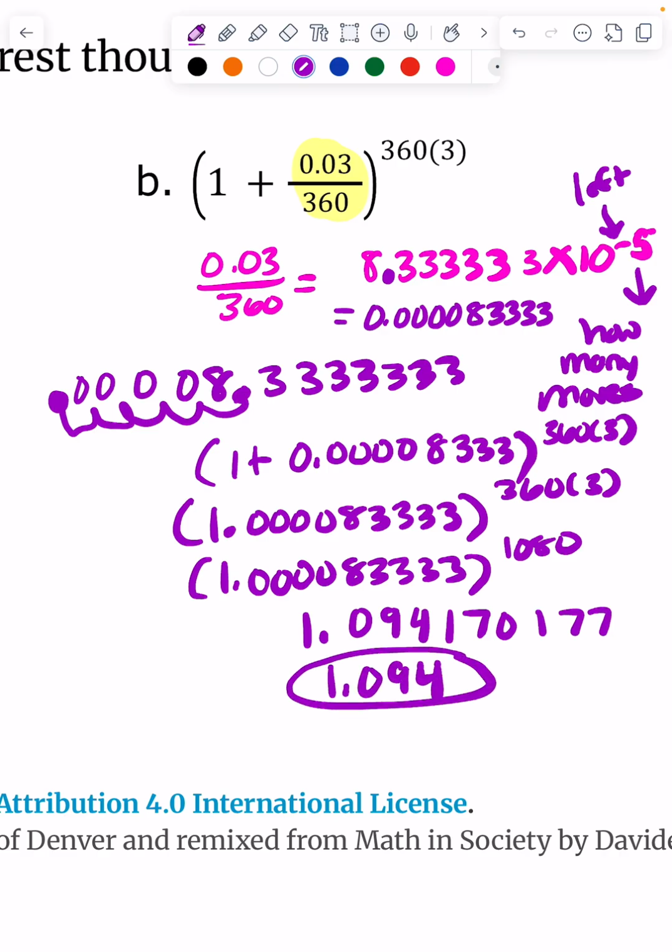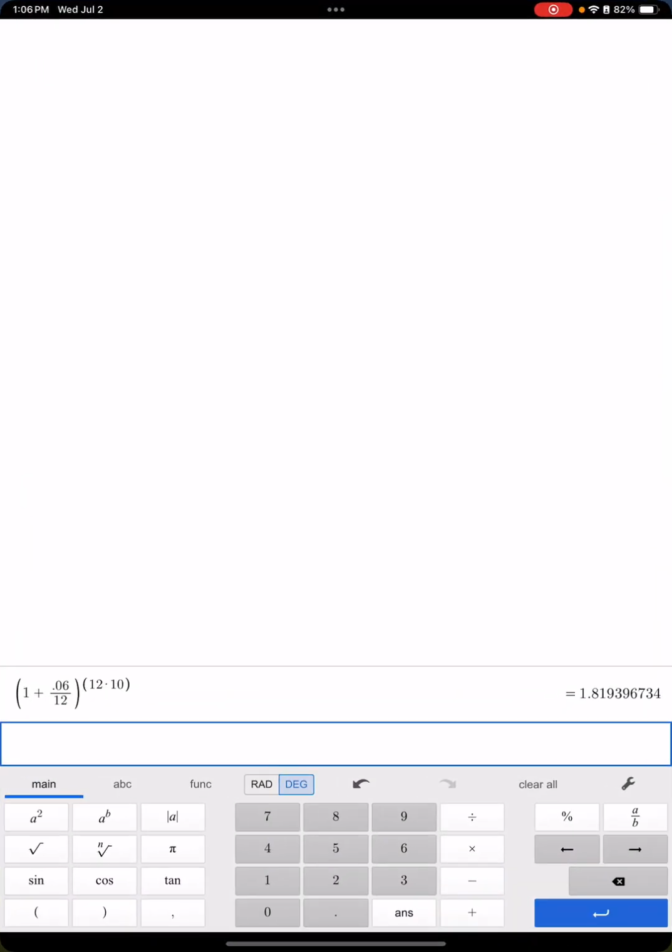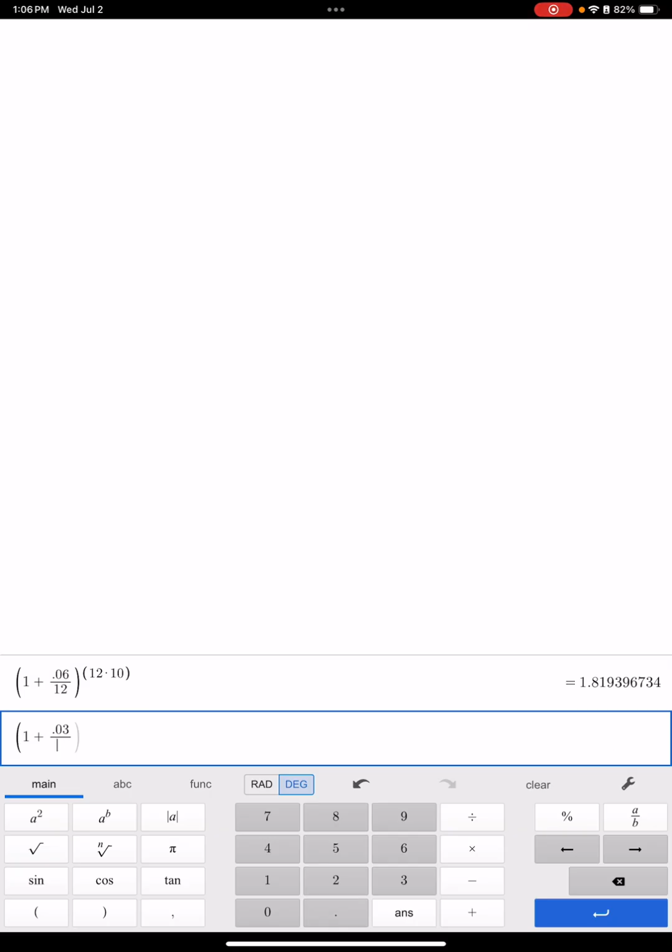All right, let's compare that answer where we rounded partway through to if we just put the whole thing in Desmos. I don't know what's going to happen. It may not make much of a difference, but sometimes it makes enough difference that you can get an answer wrong when you do this.